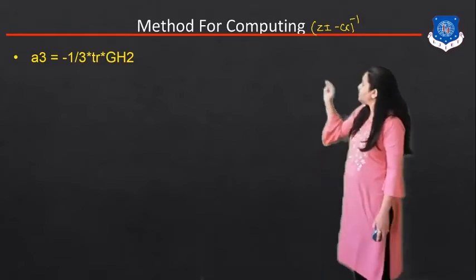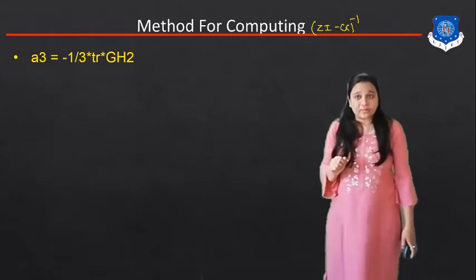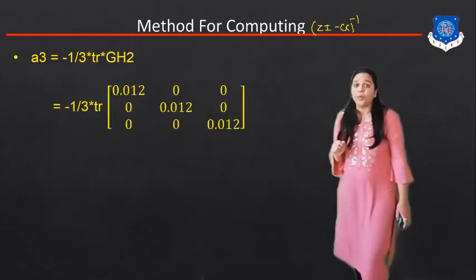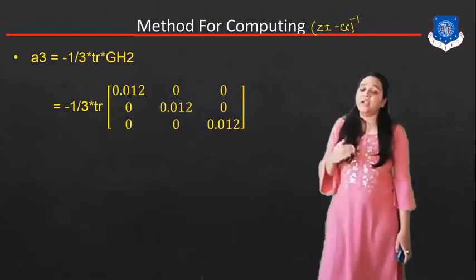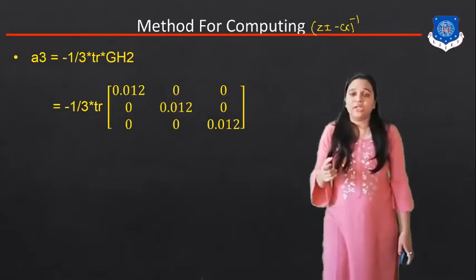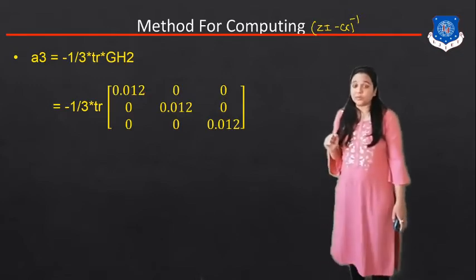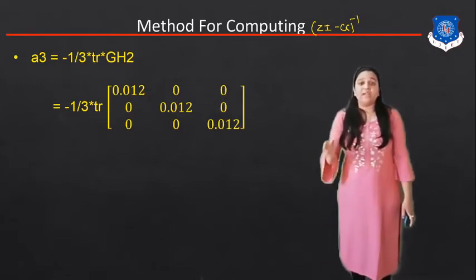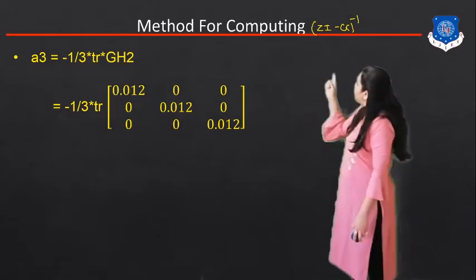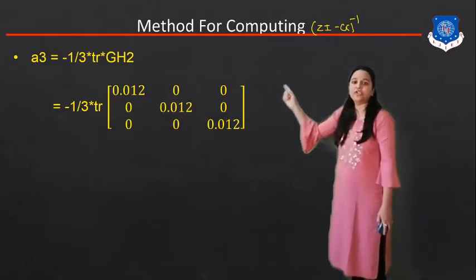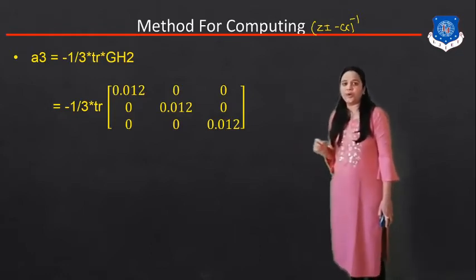So the next step is to find the value of A3. A3 is equal to minus 1 by 3 trace of G H2. Put the value of G and H2 in this equation, multiply, find the trace of this matrix and then divide by 3. Whenever we multiply G and H2, we get the matrix 0.012, 0, 0, 0, 0.012, 0, 0, 0, 0.012.